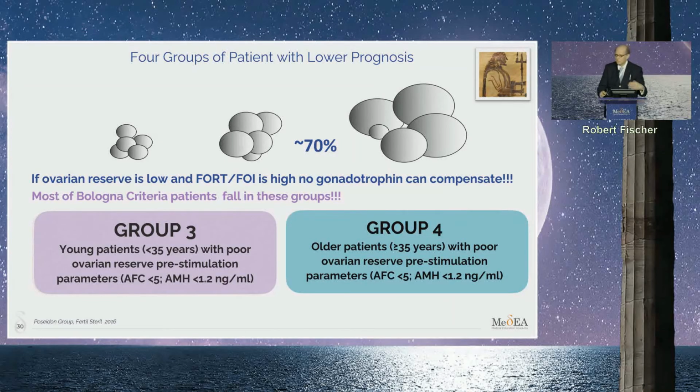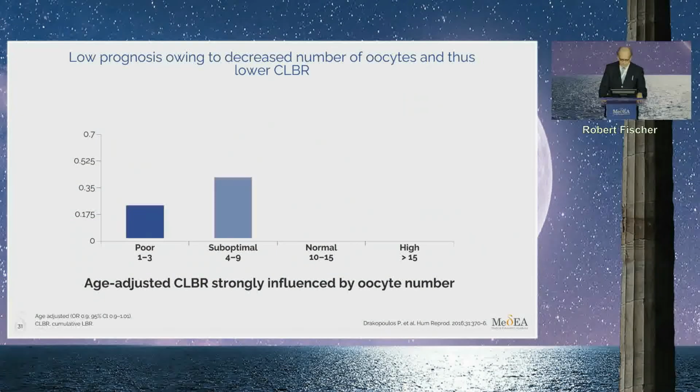You cannot have any magic bullet to do that. So here again, we need special management, how to deal with the situation to reach at least one euploid embryo for the transfer, and that will be presented also in the next sessions.